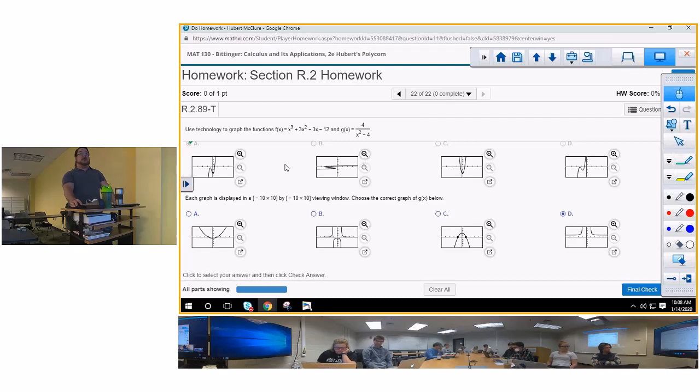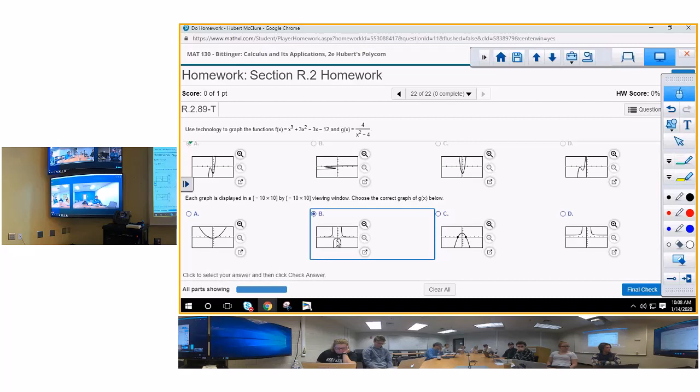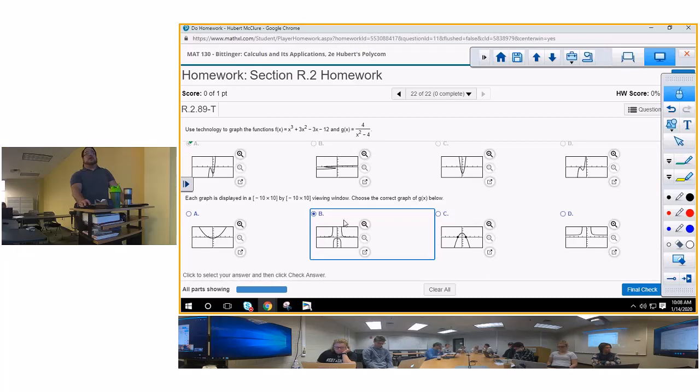So it could be A or it could be B, because you got a vertical shift of 4 down. And you've got x squared equal to 4, so you've got vertical asymptotes at -2 and +2. So I should have seen that. I don't know why I didn't. Sorry. There we go.